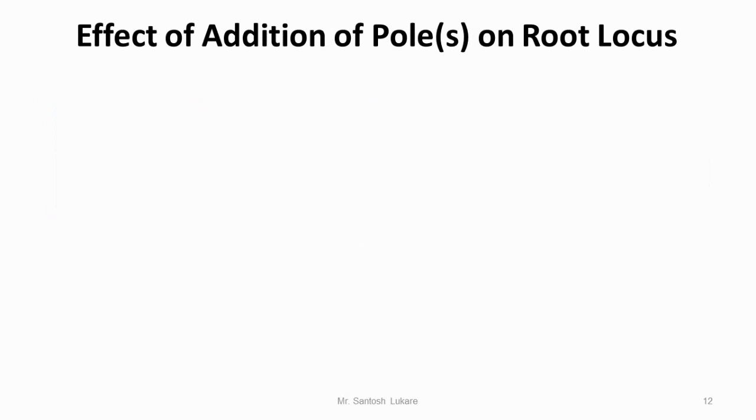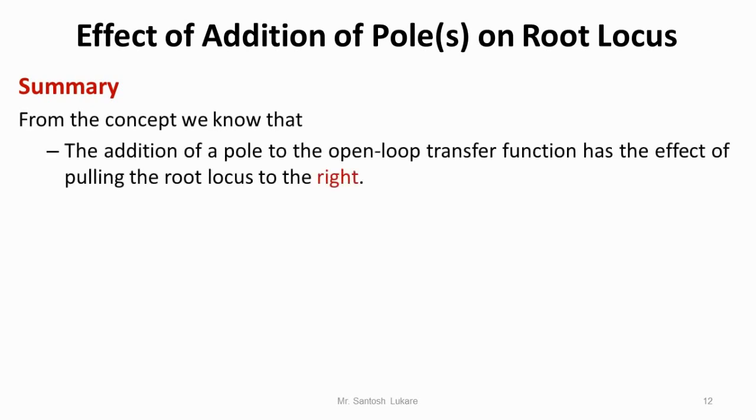Finally, I may say that there is an effect of addition of poles to the open loop transfer function and its root locus in terms of closed loop stability. From the above, we know that the addition of a pole to the open loop transfer function has the effect of pulling the root locus towards the right side of the S-plane.